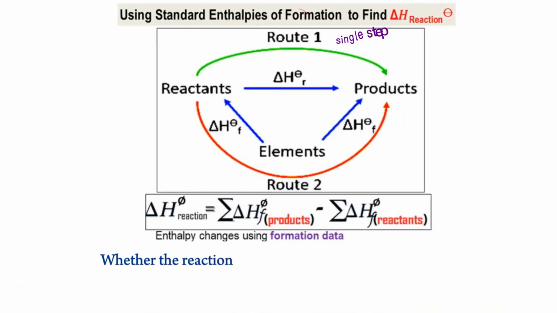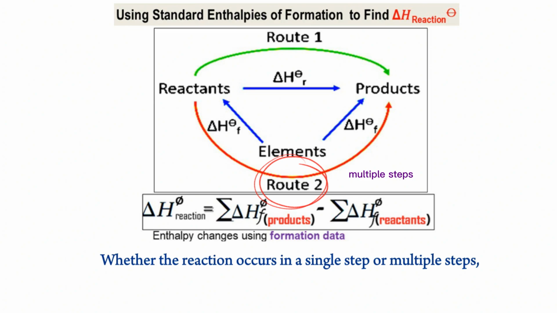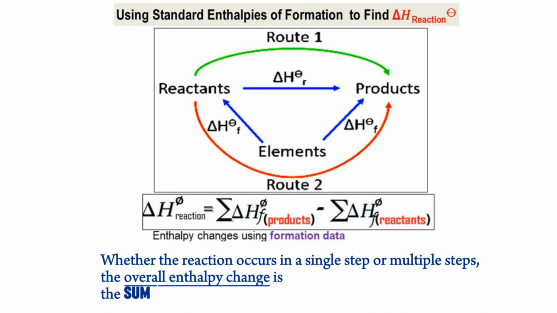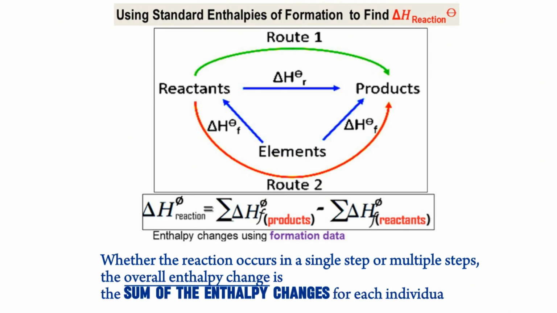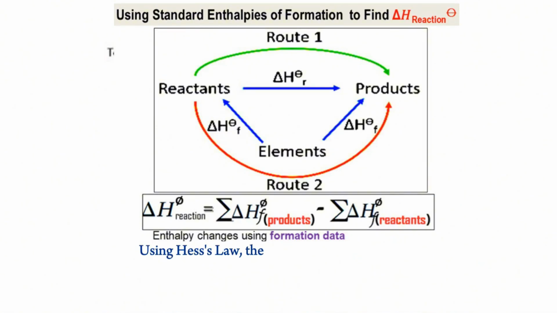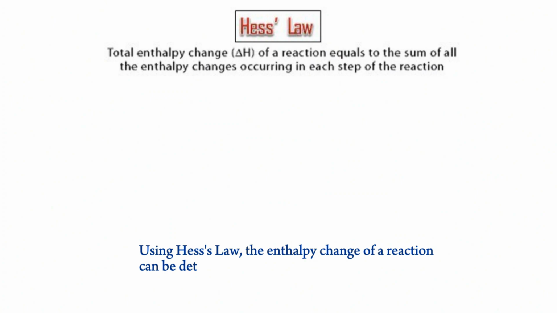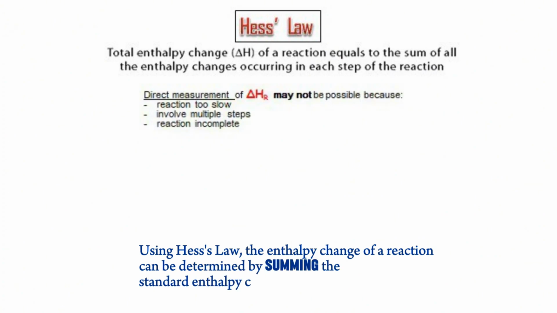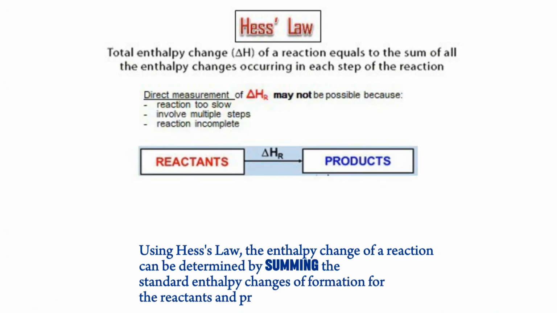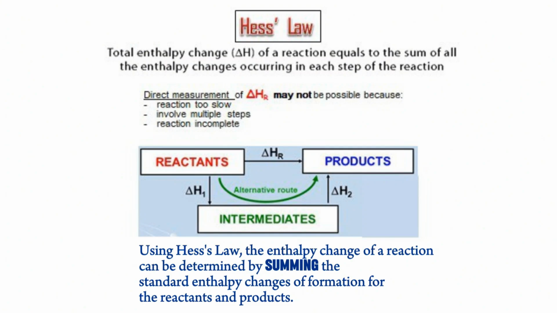Whether the reaction occurs in a single step or multiple steps, the overall enthalpy change is the sum of the enthalpy changes for each individual step. Using Hess's law, the enthalpy change of a reaction can be determined by summing the standard enthalpy changes of formation for the reactants and products.